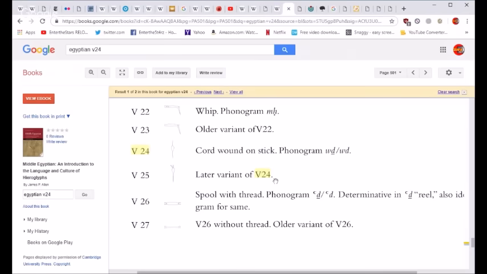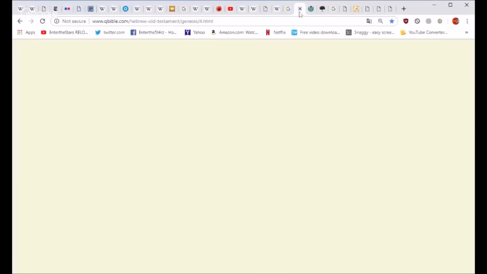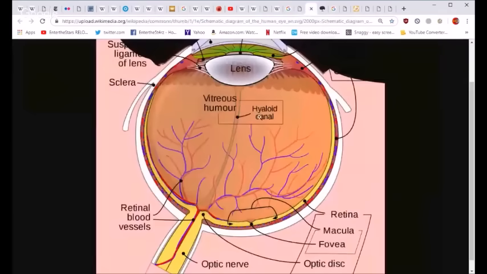Cord wound around a stick. Here's another variant of it as well. This is out of Middle Egyptian, an introduction to the language and culture of hieroglyphs. So you have this eye of the needle, cord wrapped around a stick, which is like a spiral, which represents a gate. And then when we link that into Quetzalcoatl, we see that he was often characterized as a gate as well.